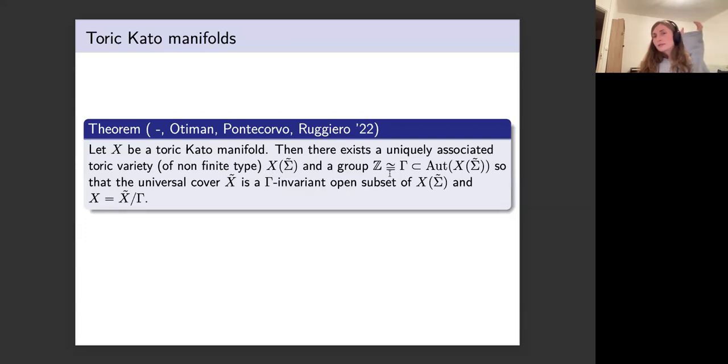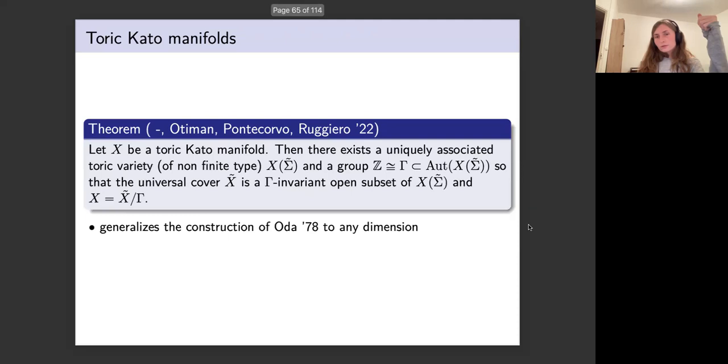Inside of it, we identify one specific open set. Also a group isomorphic to Z acts on this toric variety in a way which is compatible with the torus action, but not invariant to the torus action. So that our Kato manifold is precisely the quotient of this open subset in the toric variety by this Z action.